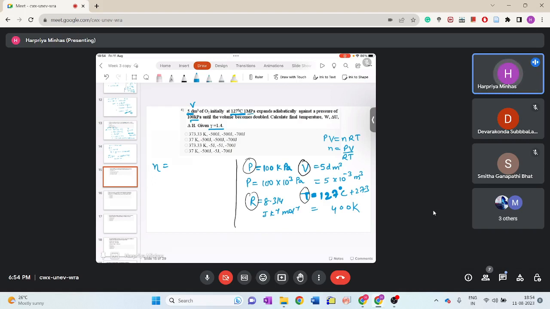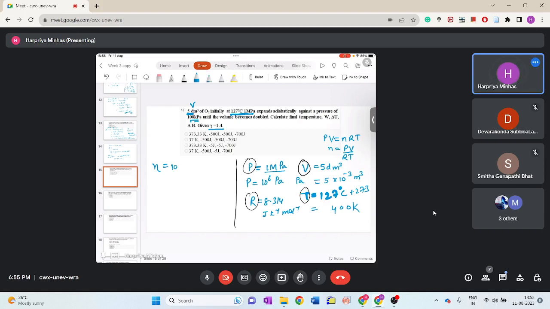Yes, it's 1 megapascal. That is the P external. So now we have to consider this pressure, not the other pressure. Taking the 1 megapascal, mega is 10 to the power 6, so this will be 10 to the power 6 pascal.